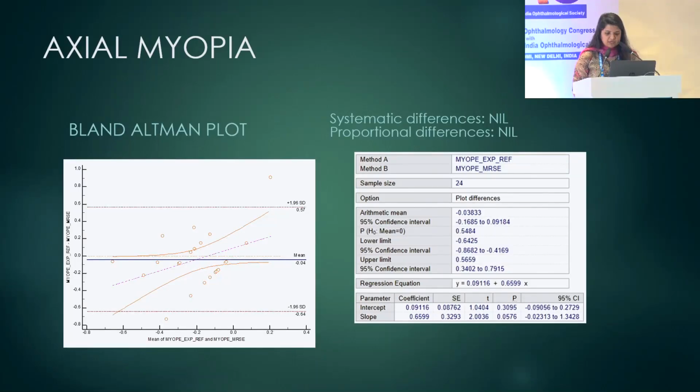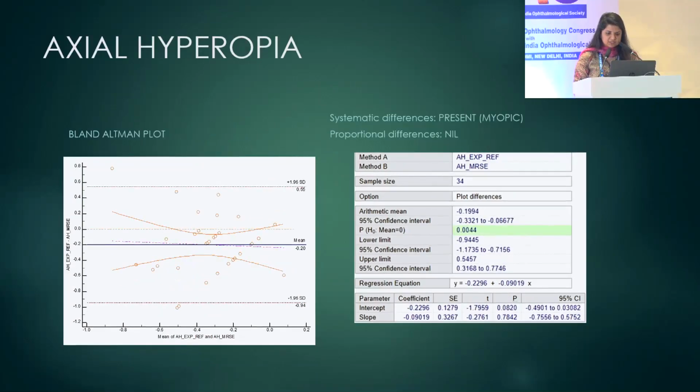Similarly, in axial myopia, constant optimization was not recommended as the mean difference is only minus 0.04 diopter. Though the slope indicates a positive correlation, constant optimization was not recommended as systematic and proportional differences were not statistically significant.